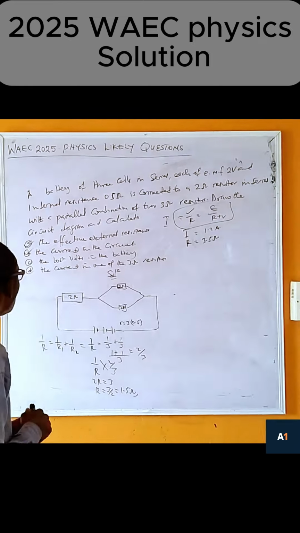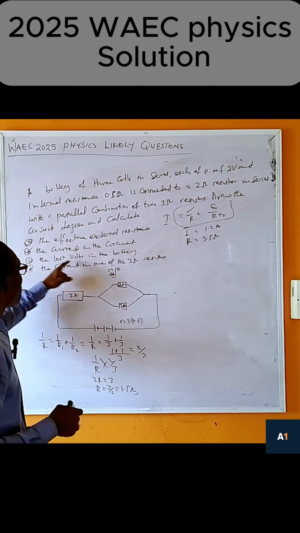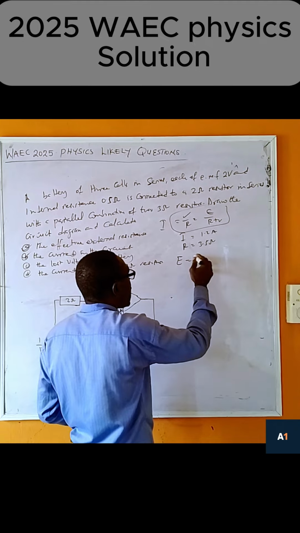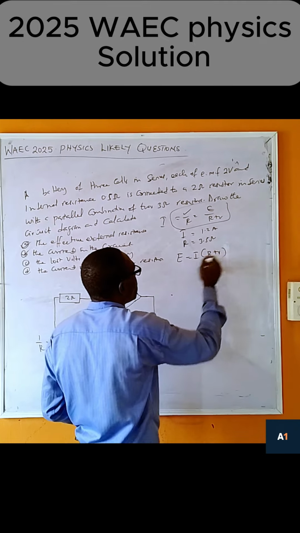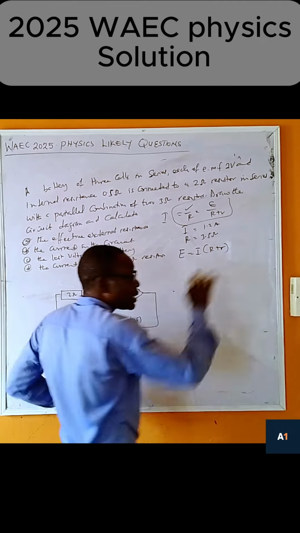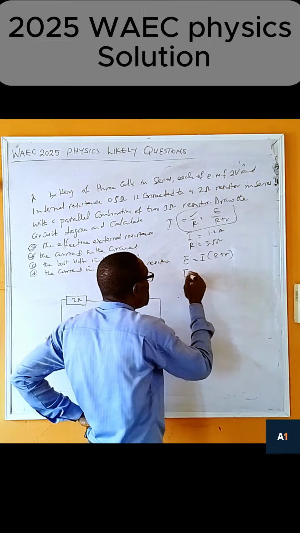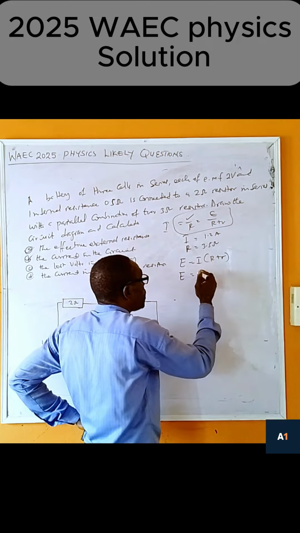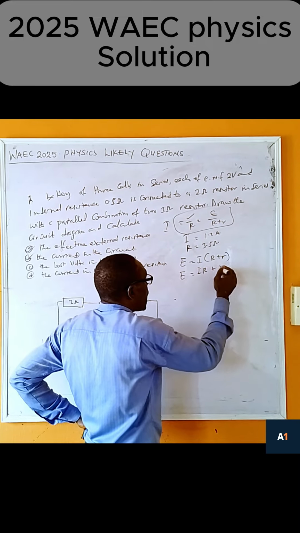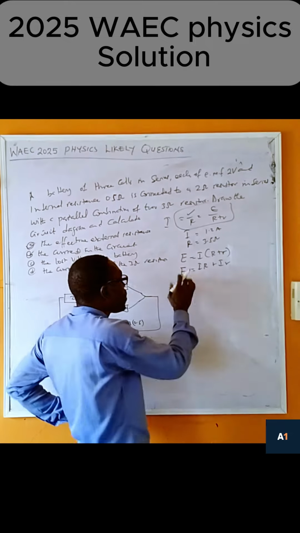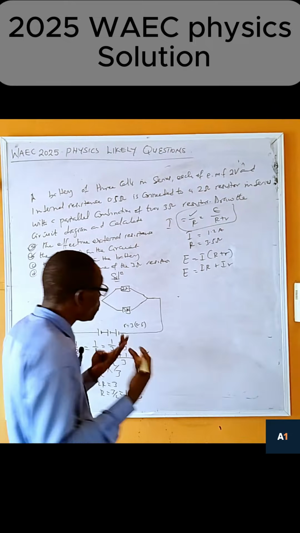Now in this case, we are to find the loss of voltage. I said E is equal to I(R plus small r). Now let's try to get the loss of voltage. E, which is the EMF, is equal to IR plus Ir. We are trying to derive an equation to give us loss of voltage.